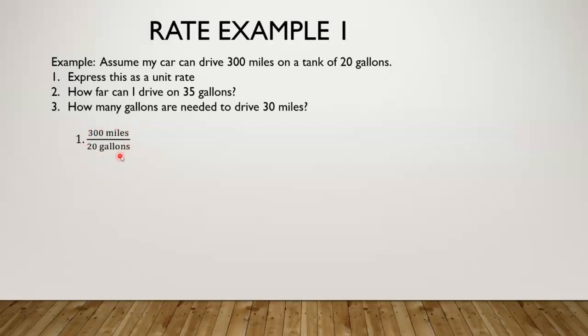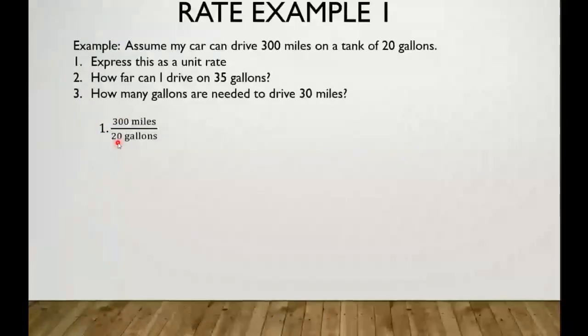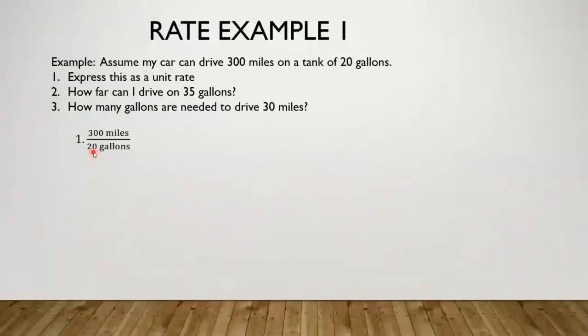Now, if I wanted to make this a unit rate, what do I have to do? I have to eliminate the 20 and make it a 1. How? Well, we can simplify. 300 is the same as 15 times 20.